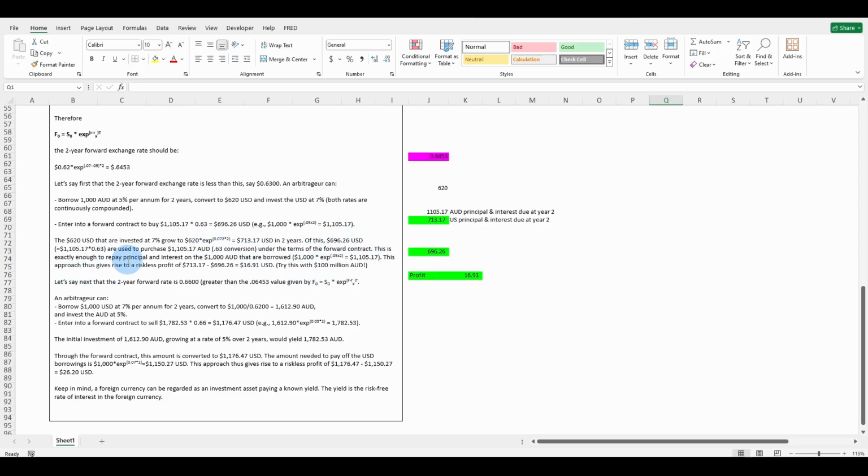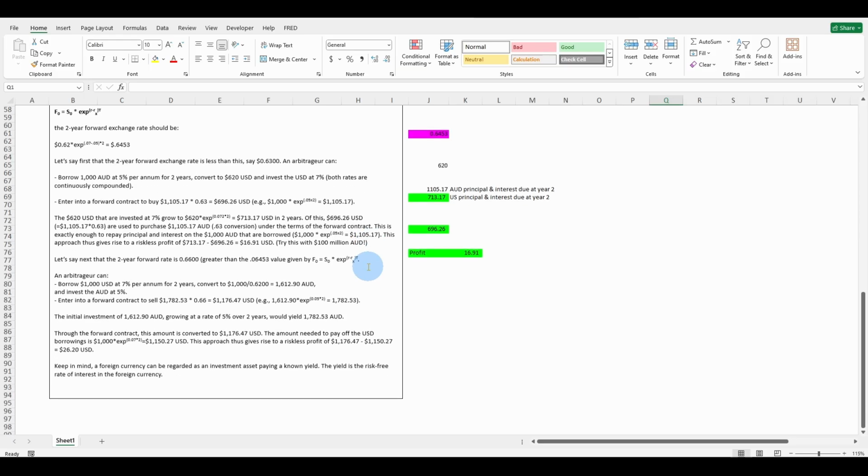This is exactly enough to repay principal and interest on the 1,000 Australian dollars that were borrowed. This approach thus gives rise to a riskless profit of 713.17 minus 696.26 equals 16.91 US dollars. Try this with 100 million Australian.